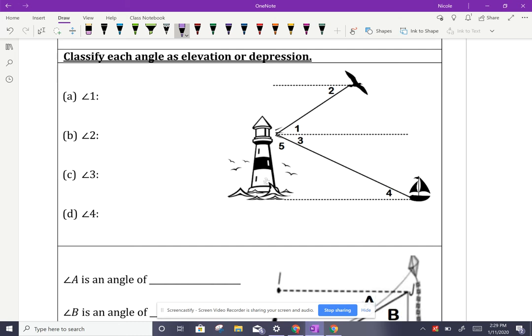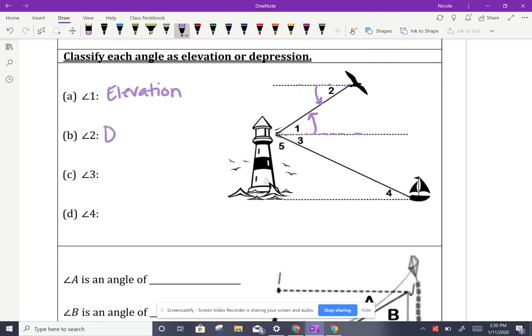So looking at angle 1, it starts looking out straight ahead and then rotates up. So that would be an angle of elevation. Angle 2 shows us the bird looking straight behind it, and then looking down.